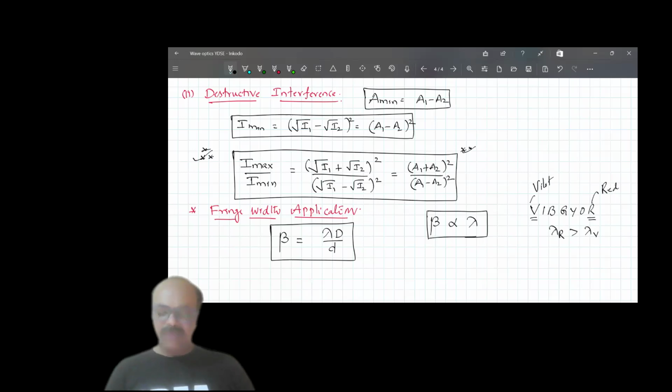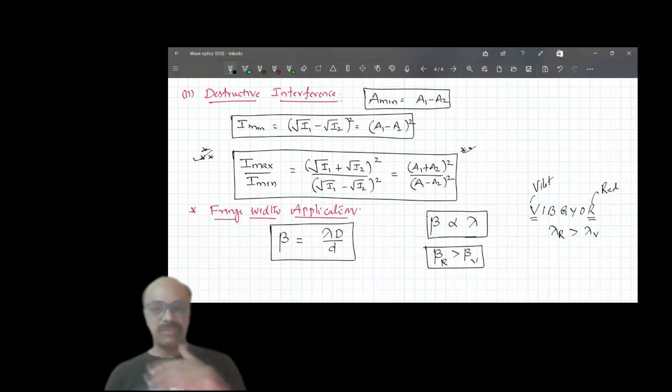So if we use two colors, one is violet and another is red, then beta red is greater than beta violet. The fringe width due to red color light is always greater than the fringe width due to the violet color light.